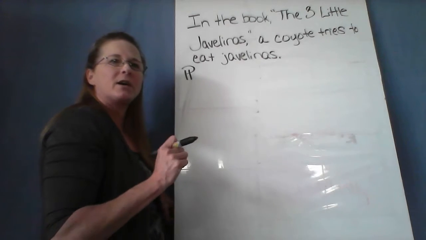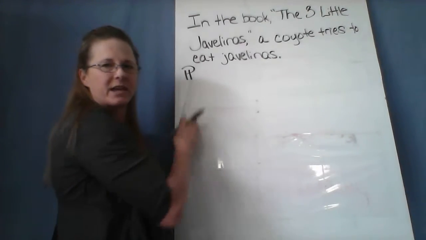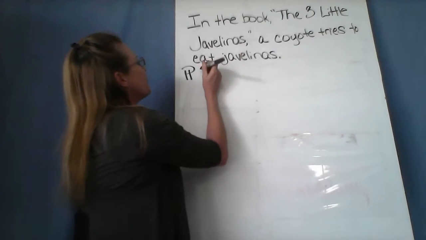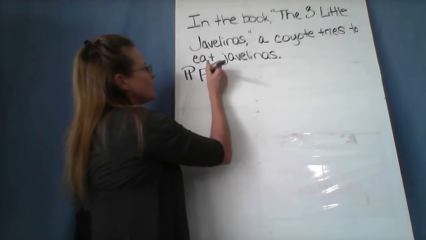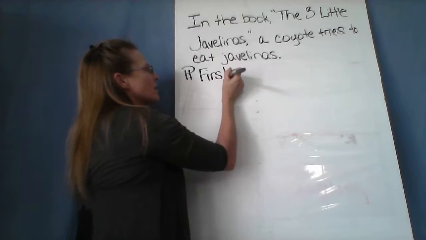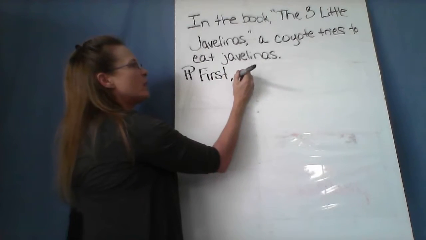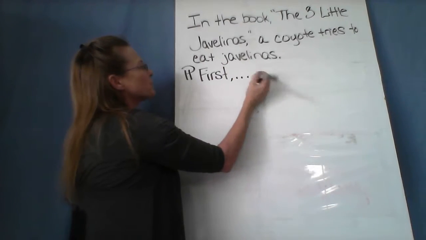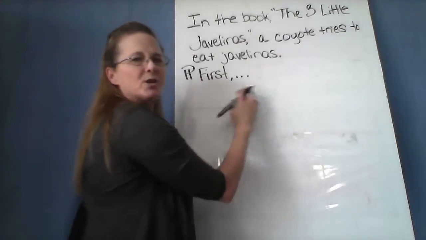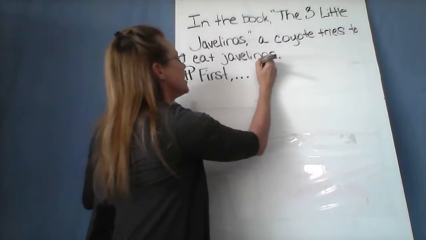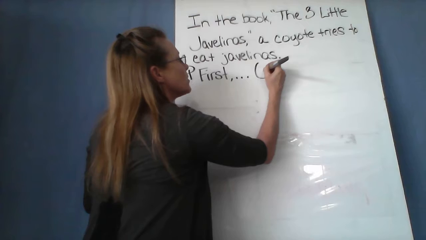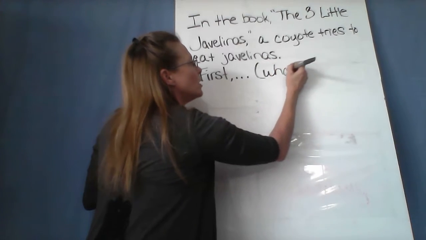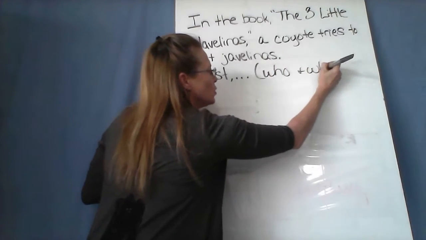Can someone tell me a transitional word that would work well here? Yes, first, comma, then you tell me what happens. And in this, when you tell me what happens, what do I want you to tell me? Yes, I want you to tell me who and what. Who did what?